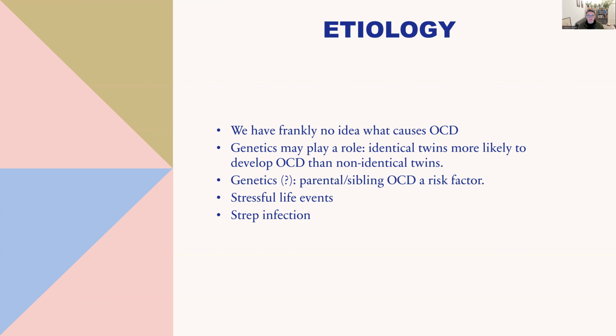So we know that when it comes to OCD, genetics do play a role, because of what I said about twins and parents and siblings. But the best way to think about it is that it's a risk factor. It's the same way that when someone has a history of heart disease in the family, they have a higher risk of heart disease themselves, but it doesn't mean that they have to.